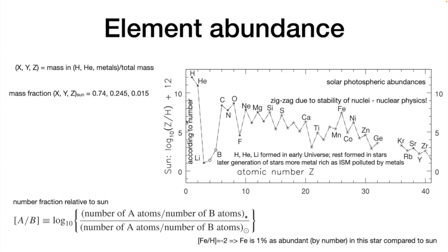If you have a higher fraction of calcium, you'll have a deeper calcium H and K line. That's at the zeroth level how you should see it. But in reality, people run simulations, produce a mock spectrum, compare with what is observed, and tune their different abundances till they get a match.